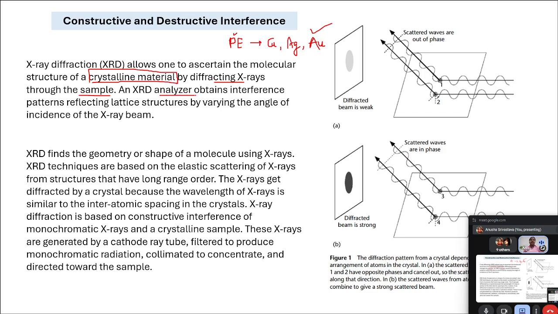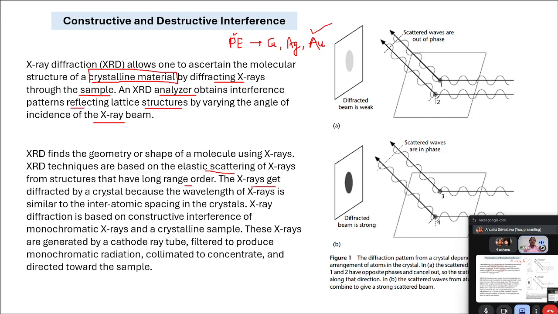So an XRD analyzer obtains interference patterns reflecting lattice structures by varying the angle of incidence of the X-ray beam. XRD finds the geometry or shape of a molecule using X-rays. It's based on elastic scattering. I think this will get more clear when I move to the subsequent slide where there is the instrumentation. So I am just reading it because this is the core concept.